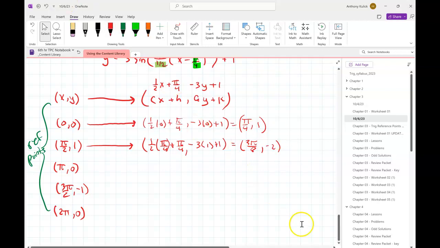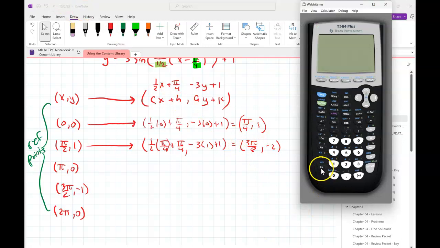Can I also point out that you can handle that fraction addition on your calculator if you just leave the pi's off? So let's do 1/2 times 1/4 plus 1/4.